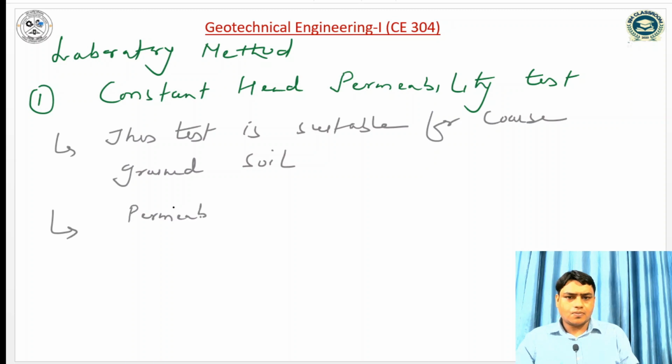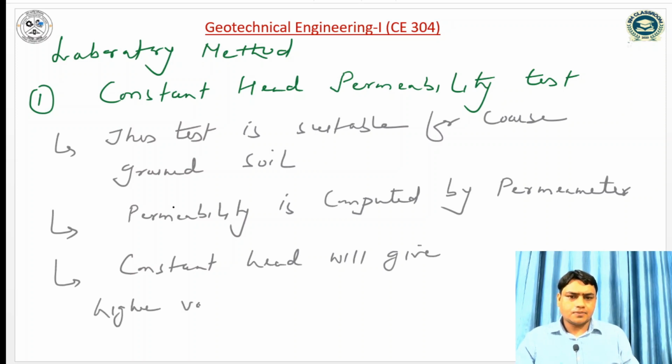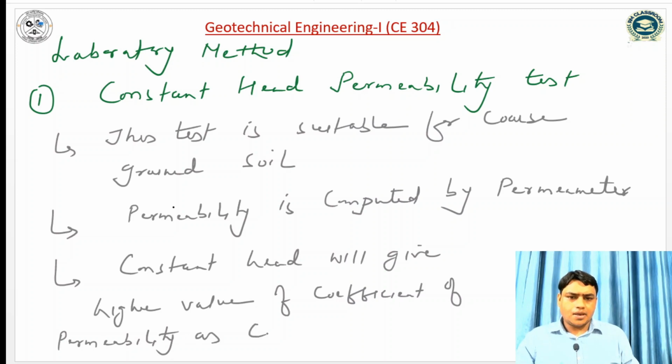Permeability is computed by a permeameter, and the constant head test will give a higher value of the coefficient of permeability as compared to the falling head test.